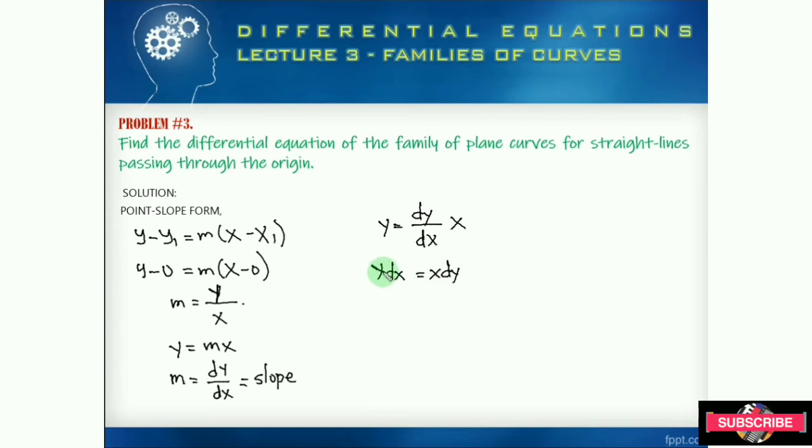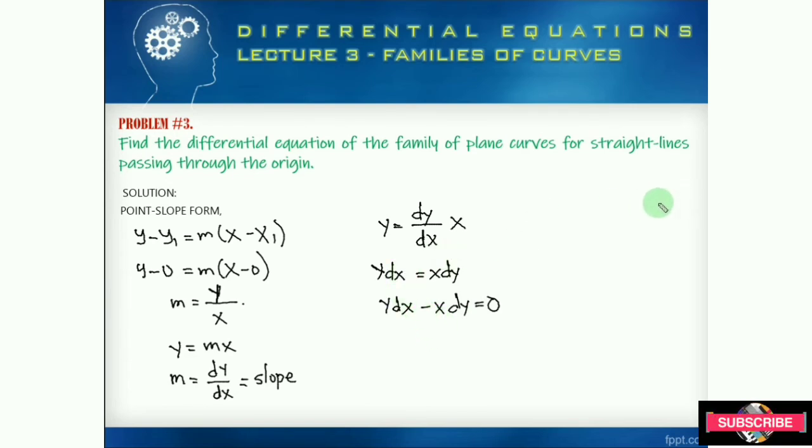If you transpose this one to the other side, this would be y dx minus x dy is equal to 0.